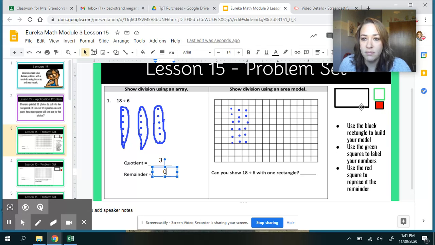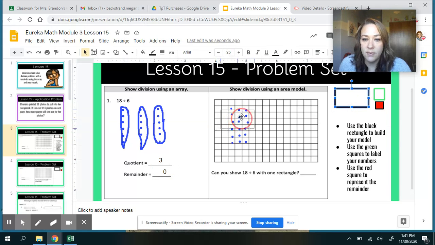So my area model is going to go right around my columns that I just made. We could have done it the other way. That probably would have been easier.